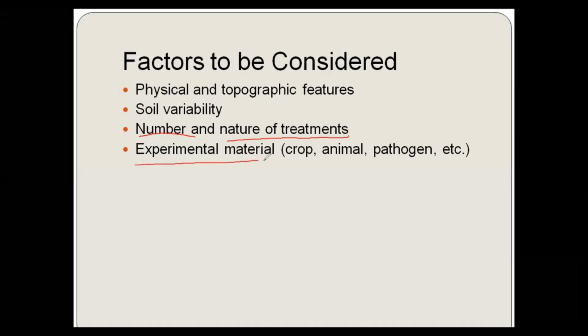Then experimental materials. We talked about this earlier, controlling the unexplained variability: crop, animal, pathogen, etc. It depends on the experimental material also, and we have to consider what material we are going to use well in advance.